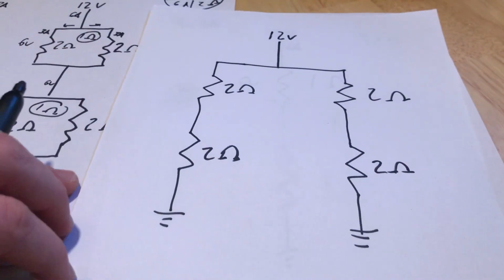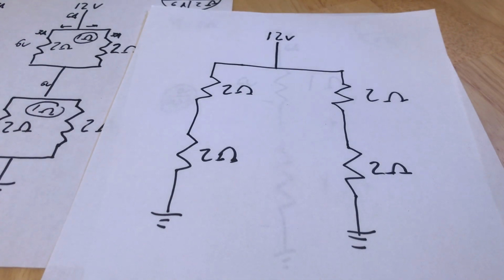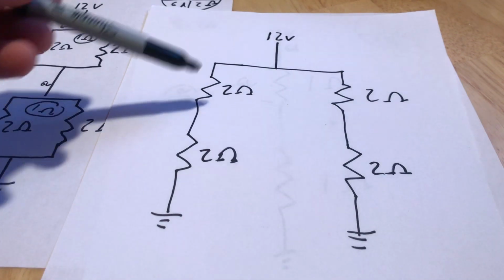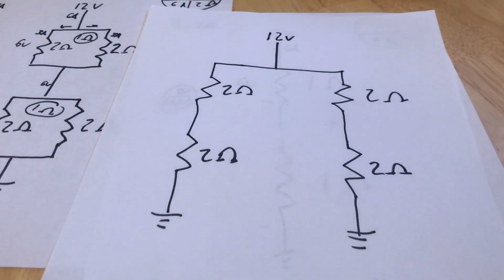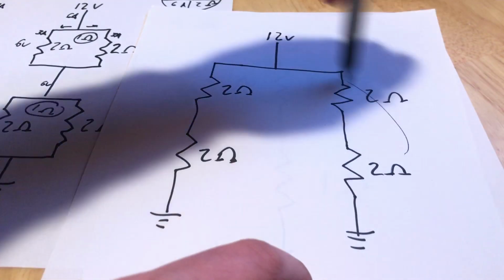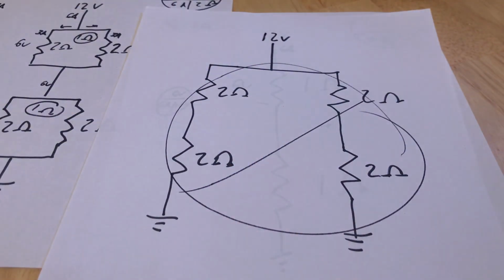Now, this is often mistaken for the way that someone should think about this circuit, right? I've got 2 parallel circuits, 2 and 2. And so oftentimes people think, okay, this is how I should approach the situation. No, that is wrong. That is not what was just shown to you.